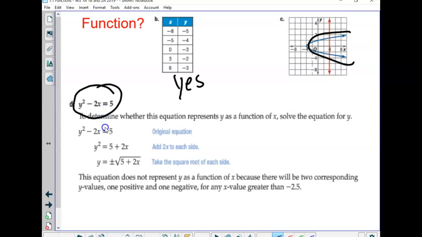Okay, this is where it gets a little tricky. They say you could solve for y, but if you solve for y and added 2x over to the other side, what would you have to remember when you square rooted? Plus or minus. Okay? So what does that mean?